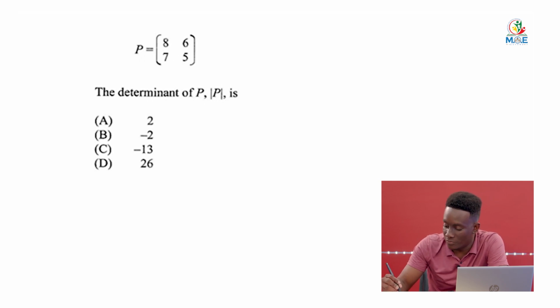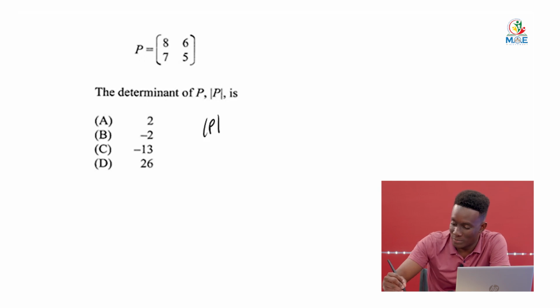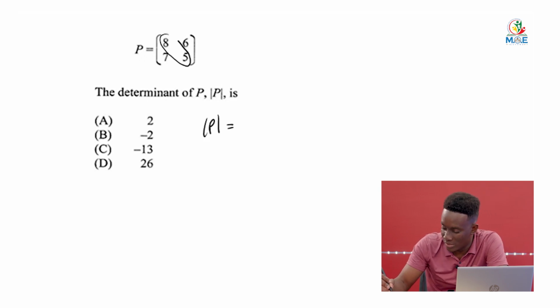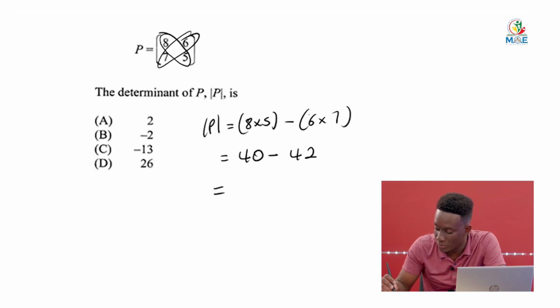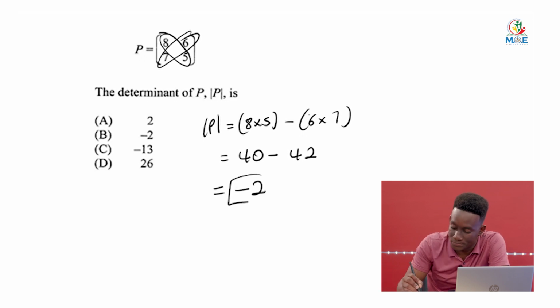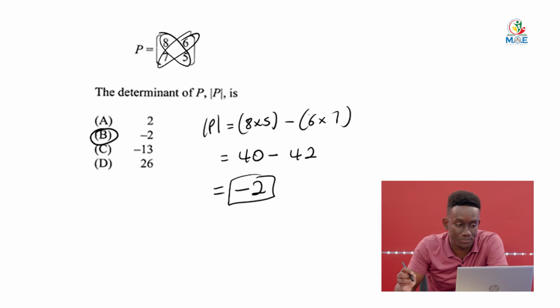So the determinant of P would simply be 8 multiplied by 5, subtract 6 multiplied by 7. So 8 fives is 40, subtract 6 times 7, which is 42. So the determinant is equal to 40 minus 42, which is equal to negative 2.